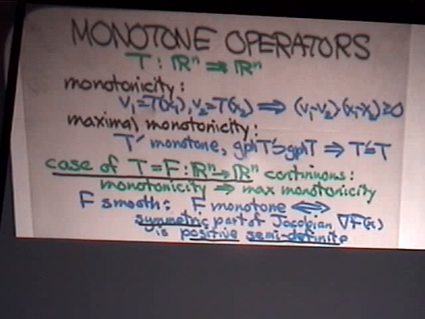Monotonicity means that if you take two pairs in the graph, x1, v1 and x2, v2, and you look at the inner product of the differences, you'll get something non-negative always. And a mapping is maximal monotone if its graph cannot be enlarged without destroying the monotonicity. So if you have a continuous single-valued mapping, monotonicity already implies maximal monotonicity, but not in general.